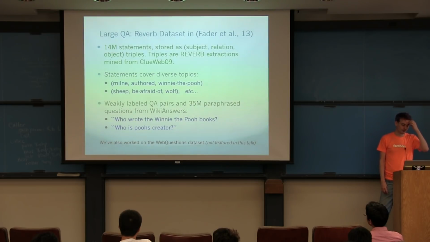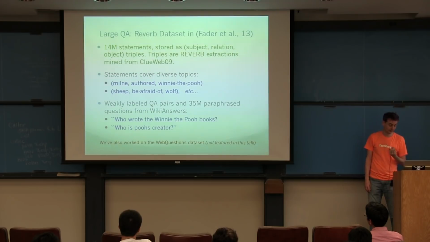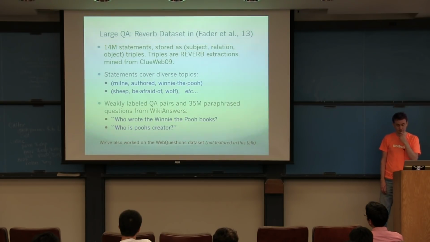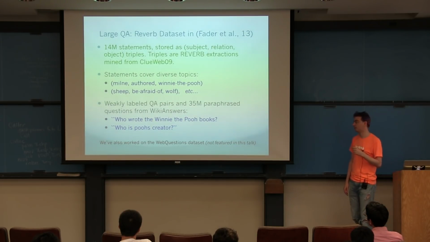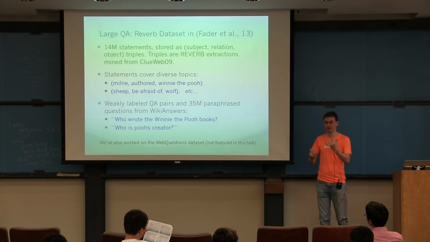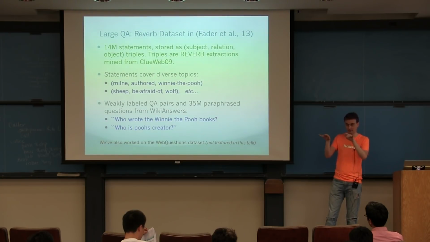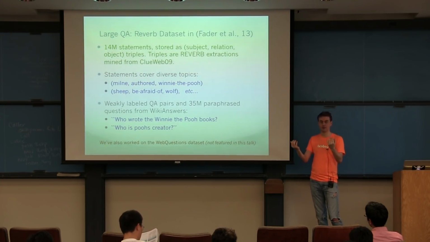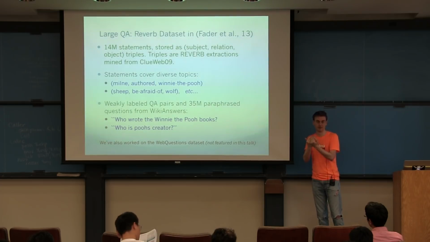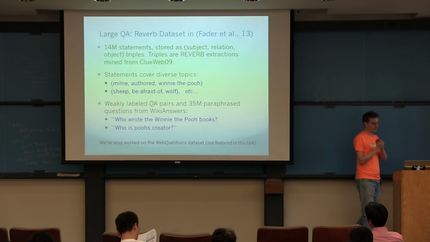So we're given only very weakly labeled question-answer pairs to train on, and also paraphrase data, which basically says there are pairs of questions that are written in a slightly different way to each other that should have the same answer. So this is what was given in this data set.